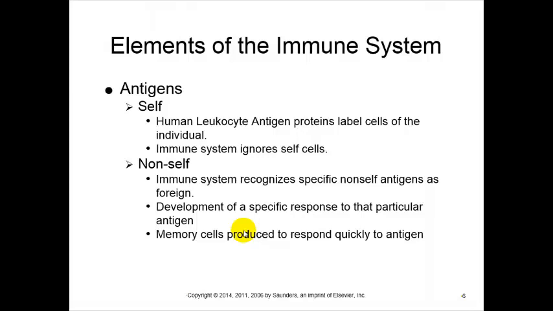And our immune cells, as they develop, are trained not to attack any cell that has our human leukocyte antigen. They go against the cells that are non-self, so they're foreign.